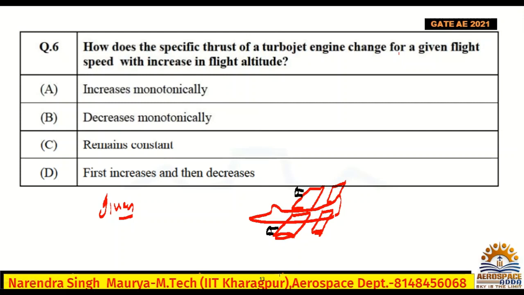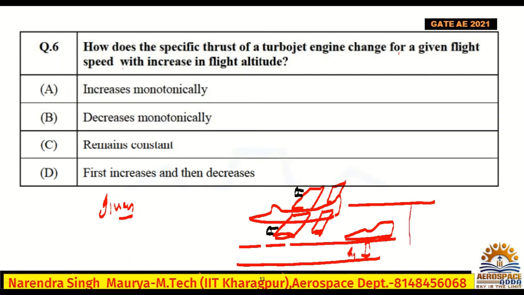In this case, this aircraft is flying at some altitude, and it is fixed. They have given the speed with increase in flight altitude. So the aircraft is at some altitude H1, and then it is going to the next altitude from the surface, H2.